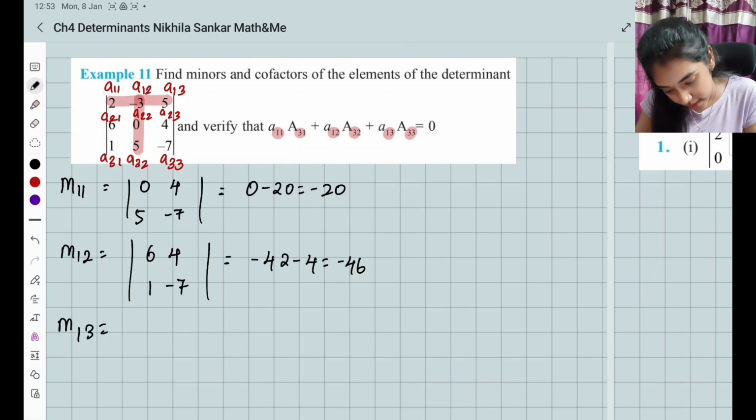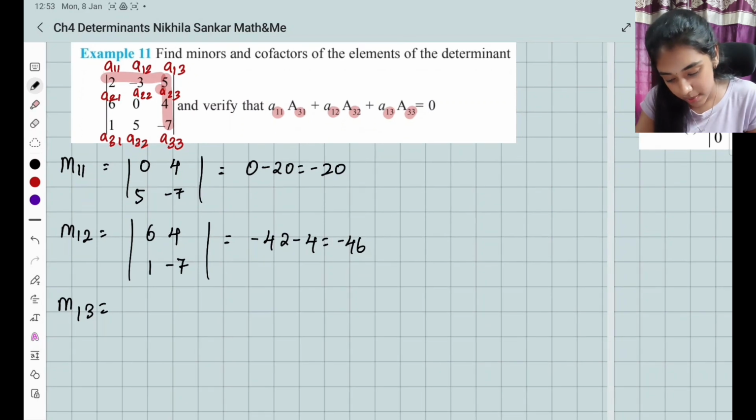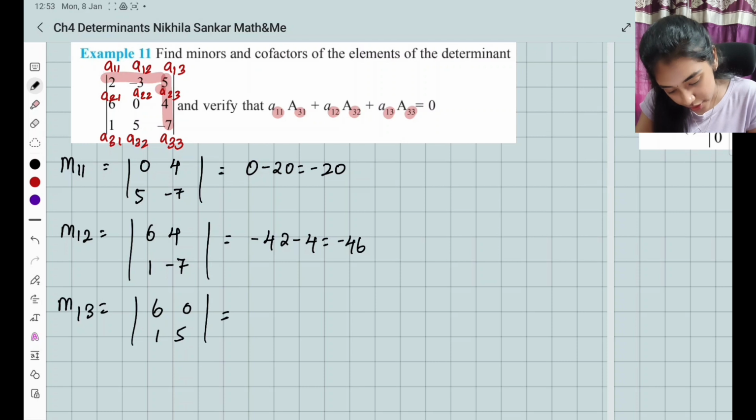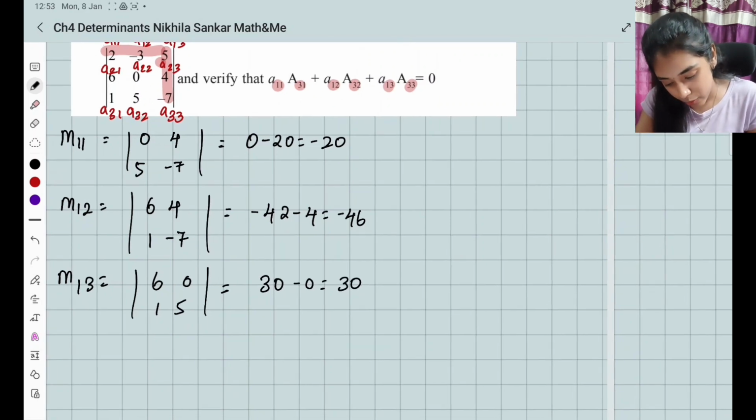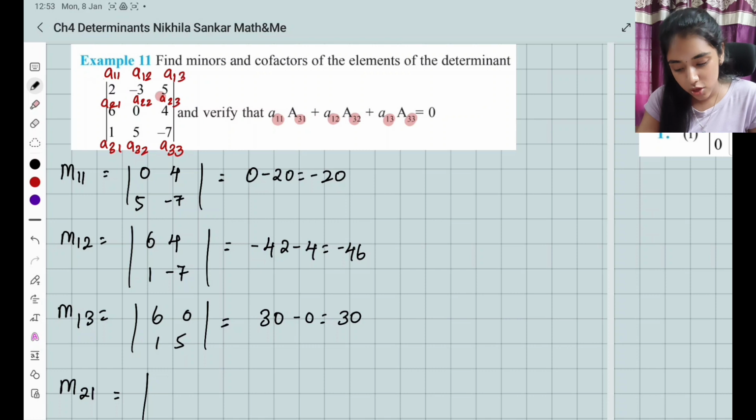Similarly, M13. I'm going to hide the first row and the last column. I'll be left with 6, 0, 1, 5. So, this is going to be 6 5s are 30, minus 0, which is 30. So, M13 is done. Now, M21 means the second row and the first column hidden.